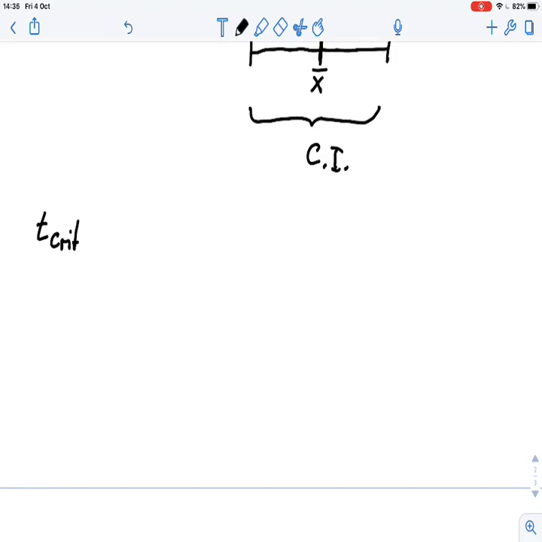T critical depends on two things. It depends on our significance level.